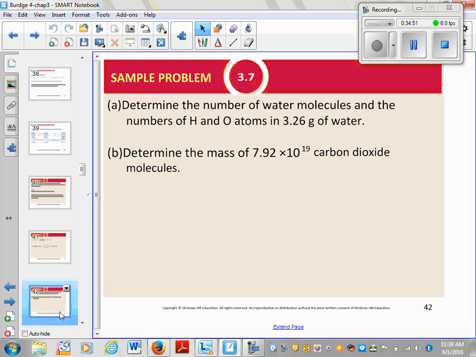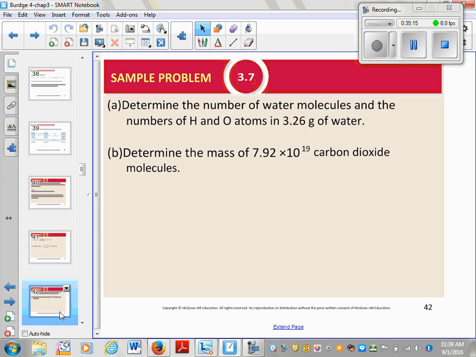I can't go directly from grams to particles. But I can go from grams to moles. I got to go up first. So where I'm going to get moles of H2O. Grams are on the top, they come to the bottom, grams of H2O. So now I'm at moles, I'm at this stop.